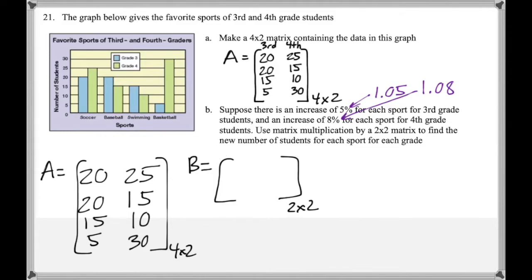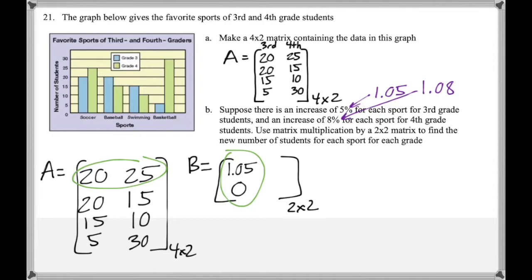So let's work with the 3rd grade students first. To do this, I'm going to put 1.05 and 0 in the first column. So let's look at how the matrix multiplication works here. So I'm multiplying row by column.